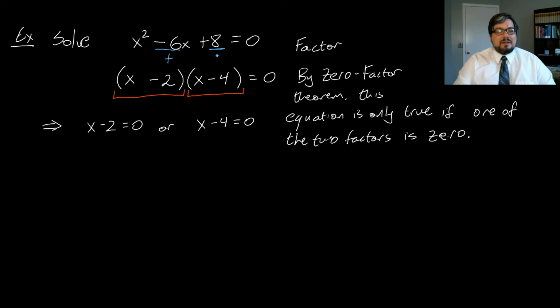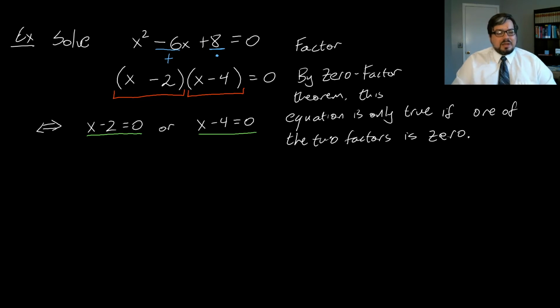Now, instead of having one equation with a degree 2 polynomial in it, we have two equations, each with a degree 1 polynomial in it. We've taken our complicated problem and turned it into two smaller, less complicated problems that we know how to deal with. A lot of algebra is taking a complicated problem and turning it into one or more smaller problems that we already know how to deal with.